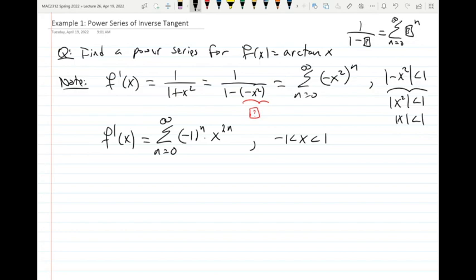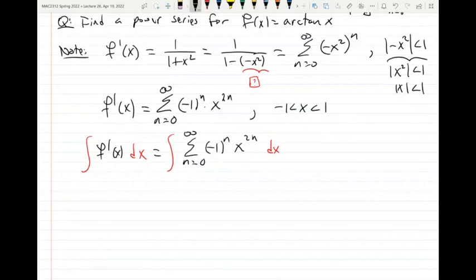Okay, so now, this is the derivative of arctangent. Now, if I want to get arctangent, what do we do? We integrate, right? So integrating both sides, we get the integral of f prime of x dx. This is the same thing as integrating the right-hand side, dx.